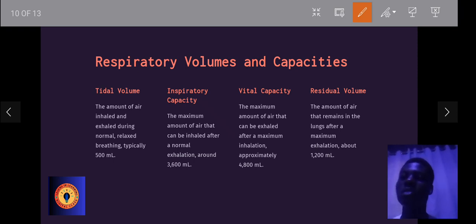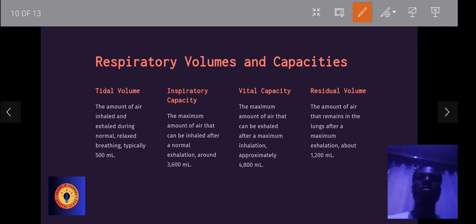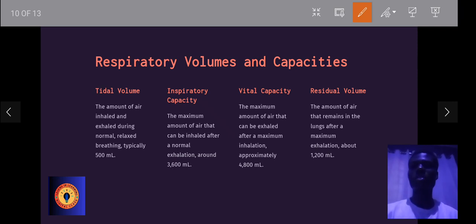So as I'm sitting relaxed and not talking, the amount of air inhaled and exhaled is called the tidal volume, and it's typically 500 milliliters.